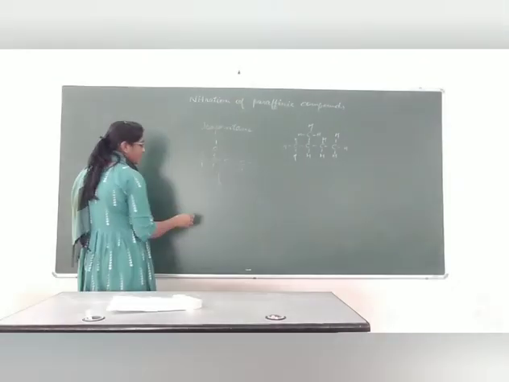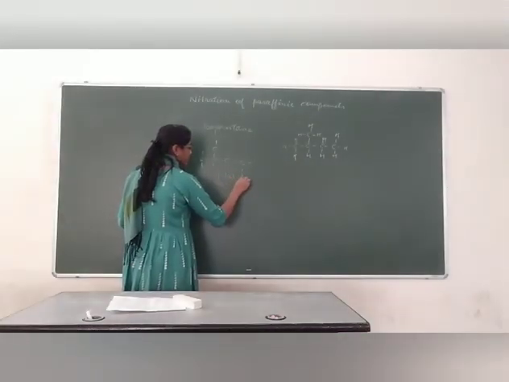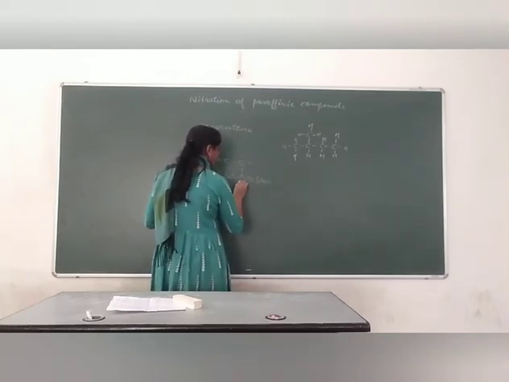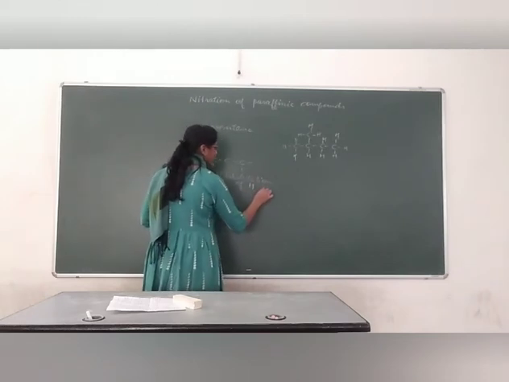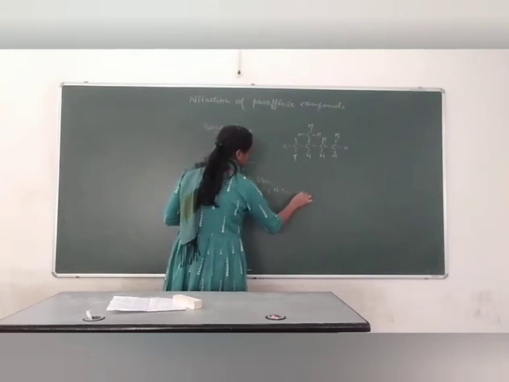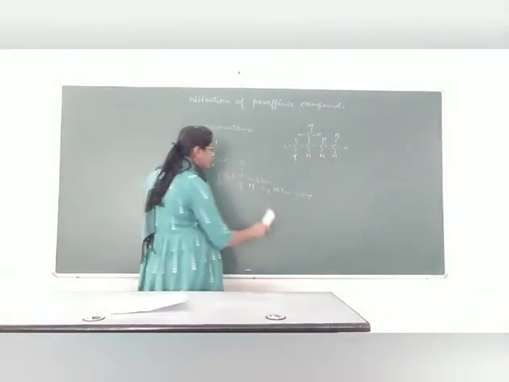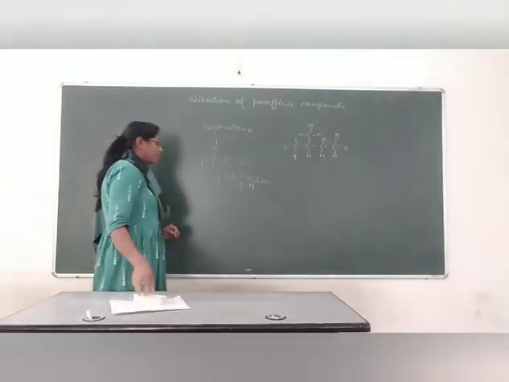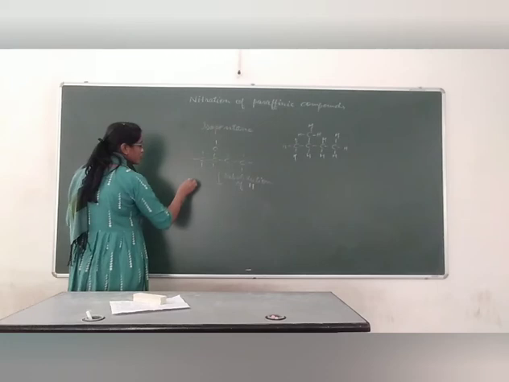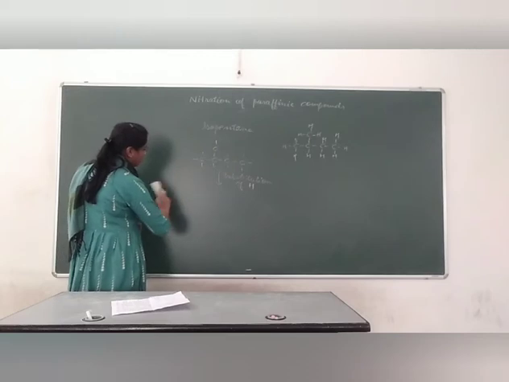But for understanding, here I am writing substitution of hydrogen by nitro group, or we can just write substitution of hydrogen on nitration, right? You can write anything. So first we will write all the products one by one.